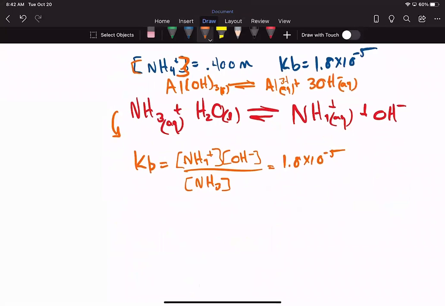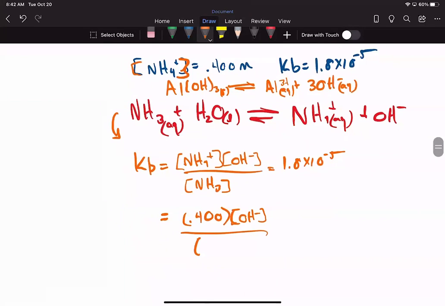So let's plug in the values that we actually have here. This is going to equal 0.400 times the hydroxide concentration, over 0.100.